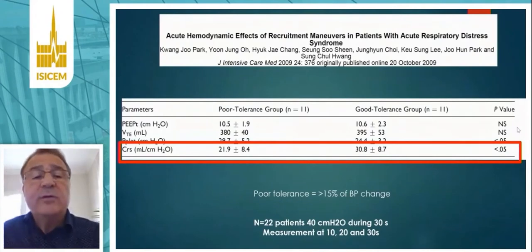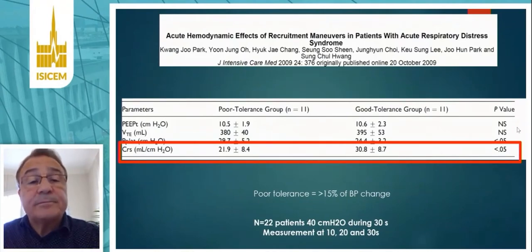And there is here a very important point. You see that in this PARC study, in which they analyzed a poor tolerance group, it means that the tolerance of the recruitment maneuver was very poor, the respiratory system compliance is high, in contrast with a group in which the tolerance was good during the recruitment maneuver, and here the compliance is very, very high.